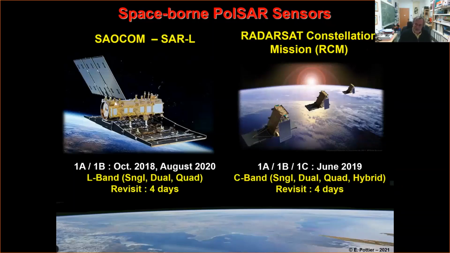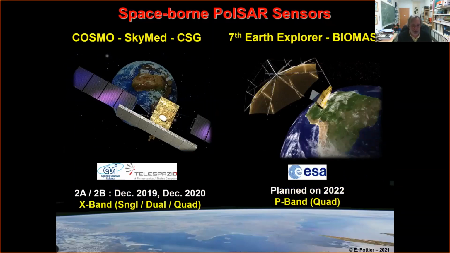This system is a very nice one because it can provide dual polarimetric, quad polarimetric, and also hybrid polarimetric information, compact polarization. And we have also the new COSMO-SkyMed, the second generation, which provides also dual pole and quad pole. And as you heard yesterday, we shall have the new BIOMASS system, which will be a fully polarimetric system in P-band.